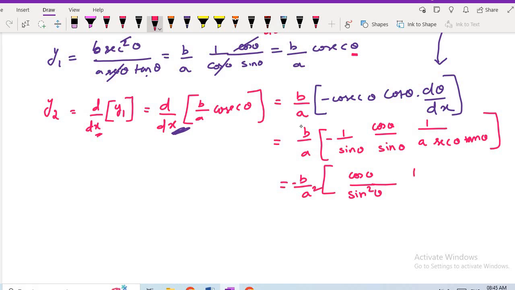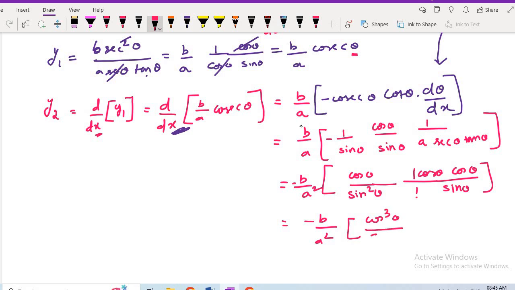Secant theta can be written as 1 by cos theta, so the denominator goes to the numerator, and then tan theta can be written as sin theta over cos theta, again the denominator goes to the numerator. So we are getting minus b divided by a square into cos cube theta divided by sin cube theta, that is nothing but cot cube theta.